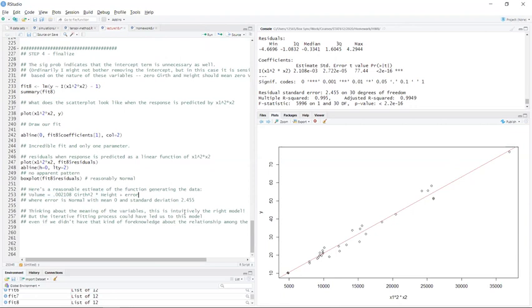All right, now let's think intuitively once again about the nature of the variables. Now we've got volume of timber, we've got girth, which is the distance around, and we've got height.